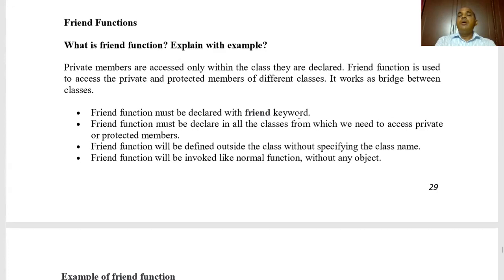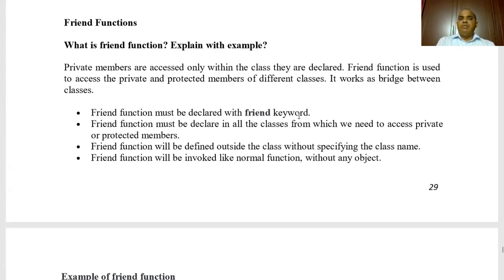Friend functions must be declared in all the classes from which we need to access private or protected members. So whichever class's private and protected members you want to retrieve outside of the class, you should declare the friend function in that class. Clear?